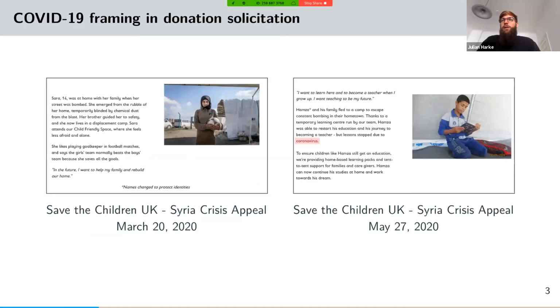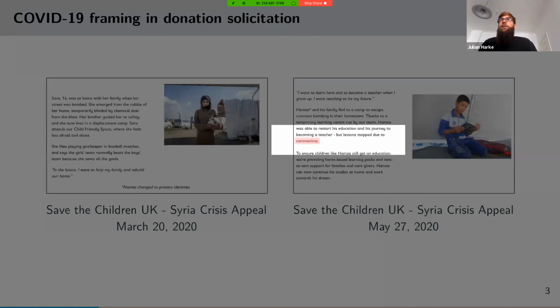But how is framing used in charitable campaigns during COVID-19? Here I took a screenshot of Save the Children's Syria crisis appeal. On the left-hand side, you see the screenshot from March 2020, and you don't see any references to COVID-19 yet. On the right-hand side, a screenshot from May, they replaced this text already, and you see a very subtle change to the coronavirus.